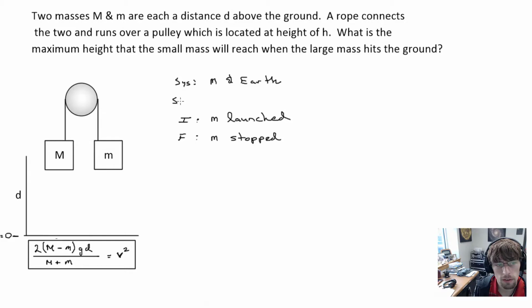And in our surroundings, nothing. Say nothing. You say, but wait, Greg, the rope's attached to the box. Yeah, but because big M is on the ground now, there's no tension force. The rope goes slack. There's no pulling on it.